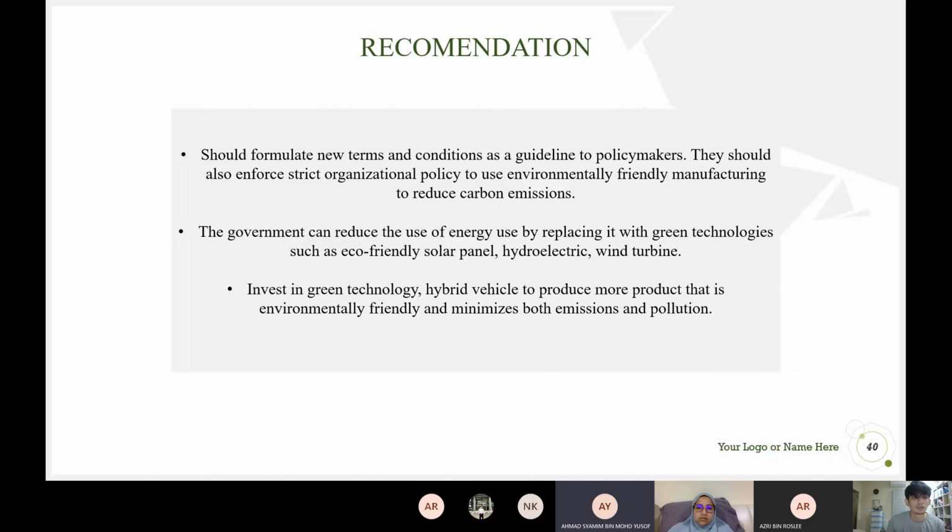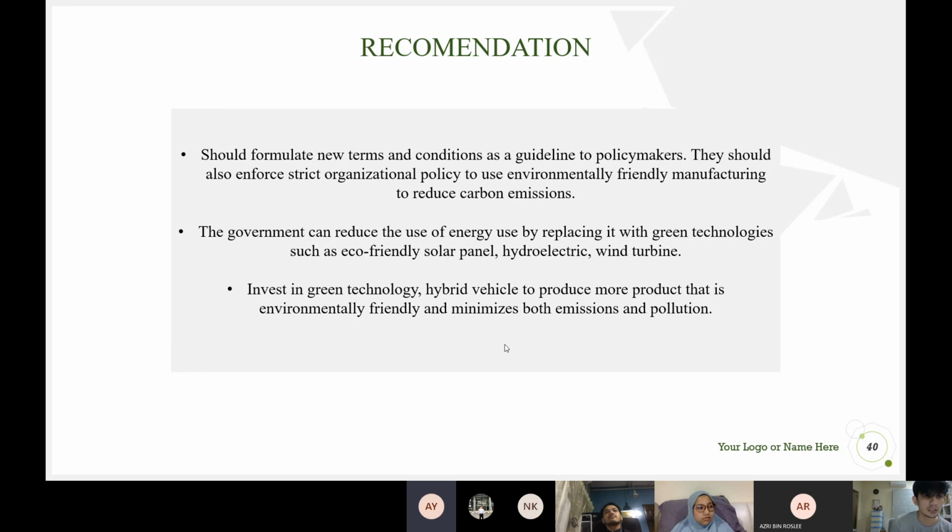Recommendation. For the recommendation, organizations should formulate new terms and conditions as a guideline to policymakers. They should also enforce strict organizational policy to use environmentally friendly manufacturing to reduce carbon emission.